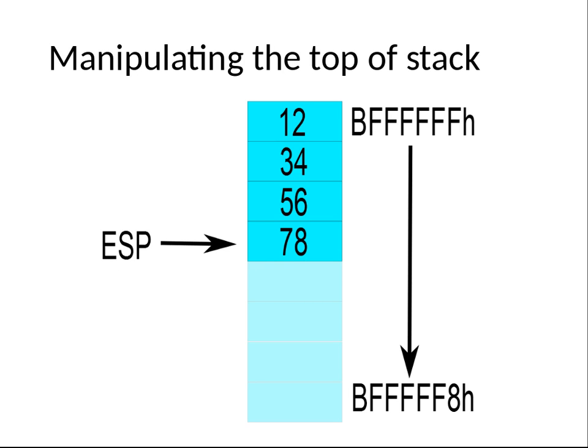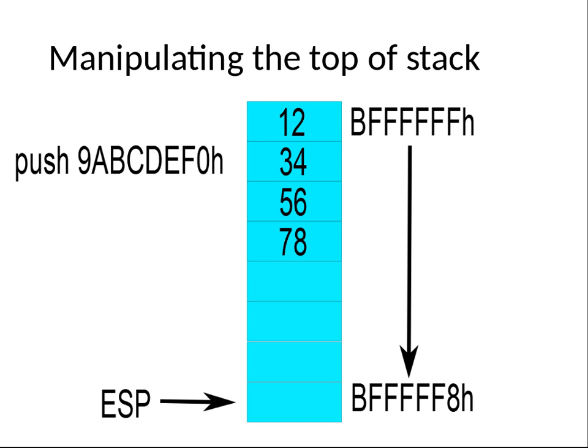All right, manipulating the top. ESP is the current stack pointer, and you have pushed 4 bytes on the stack, which represent a number. You pushed another 32-bit number, which is 4 bytes.